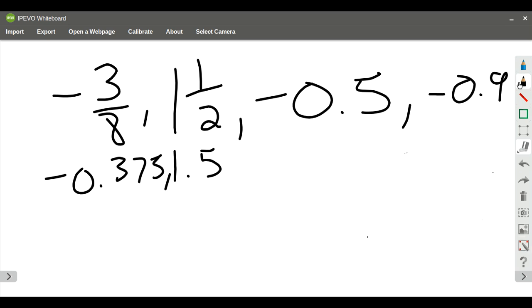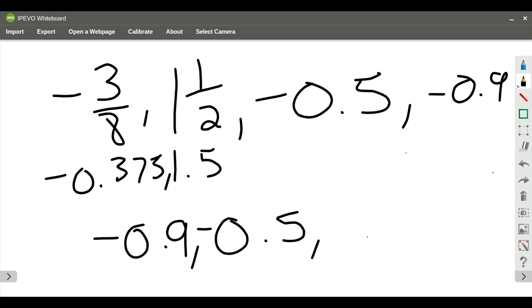And again, remember when we're in the world of negative decimals, the larger the value, the smaller that it is. So I have negative 9/10 is my smallest value. My next smallest value is going to be negative 5/10, and then my next value is going to be 375/1000, and then 1.5.